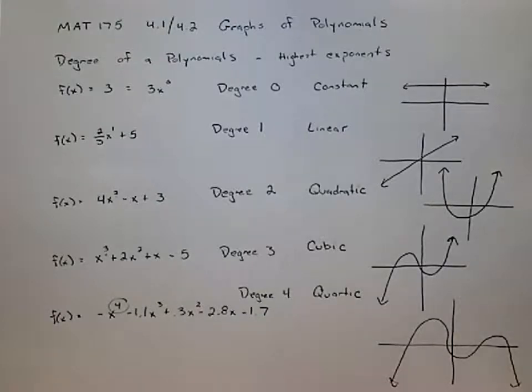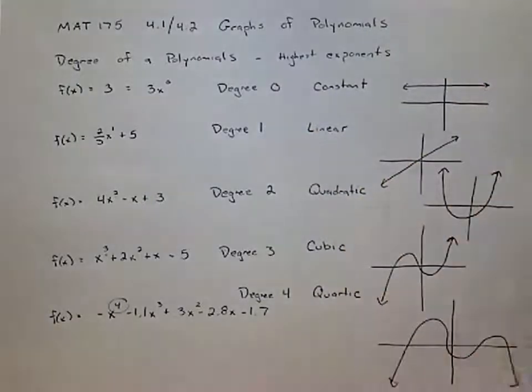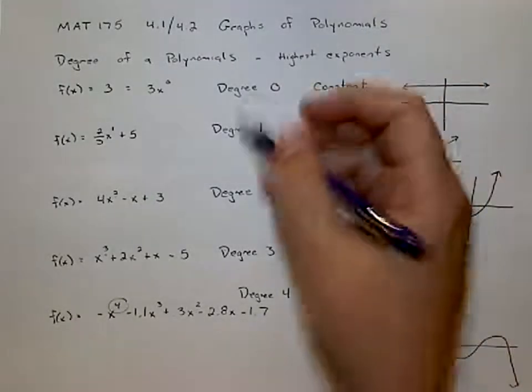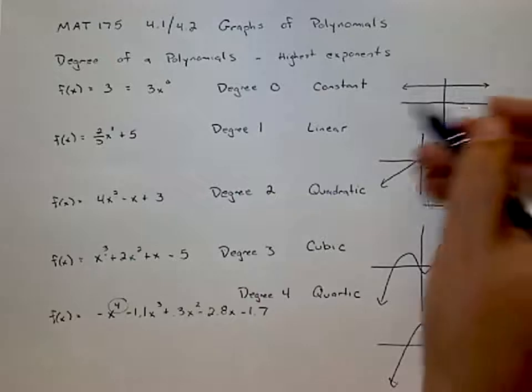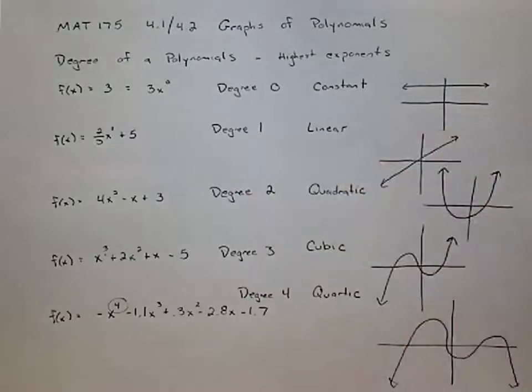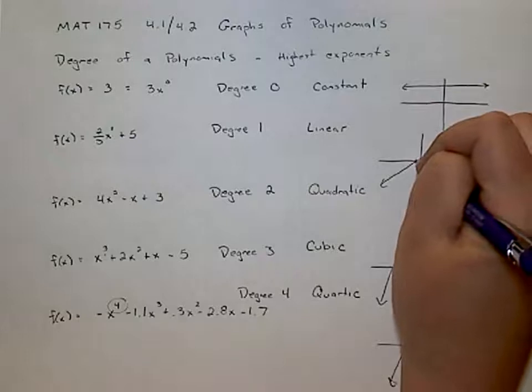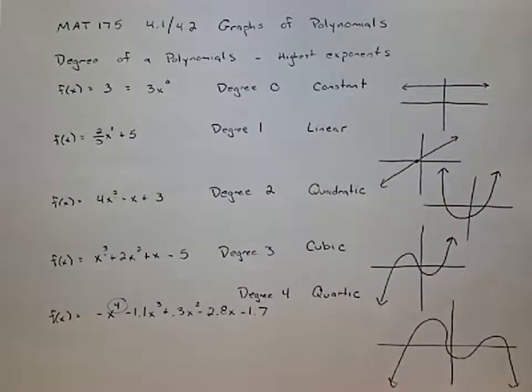Now, what I want to point out is that the degree means something about this graph, okay? The degree is the most amount of times it could cross the x-axis. So a constant function isn't crossing the x-axis at all. A linear can cross the x-axis a maximum of 1 time.